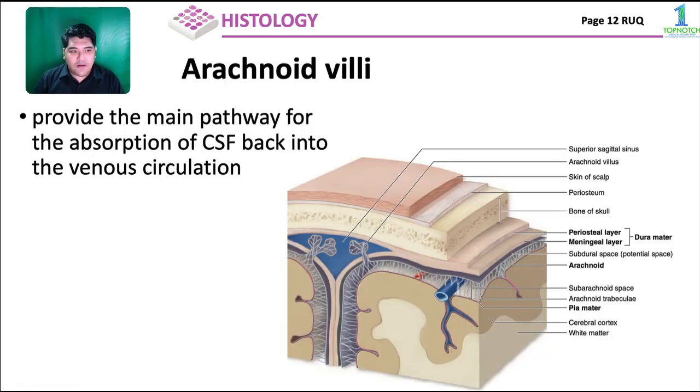Now, the arachnoid villi are the main pathway for the absorption of your CSF back into the venous circulation. This was shown already in the head anatomy part, but this is your arachnoid villus. It is important for the absorption of CSF. So again, you should know the ependymal cells and your choroid plexus.